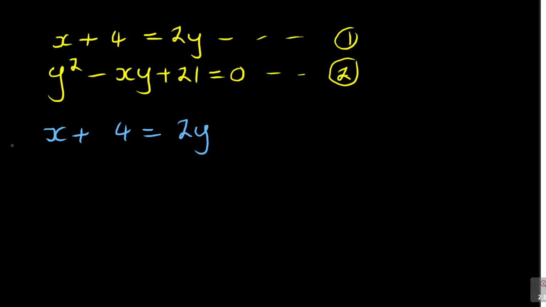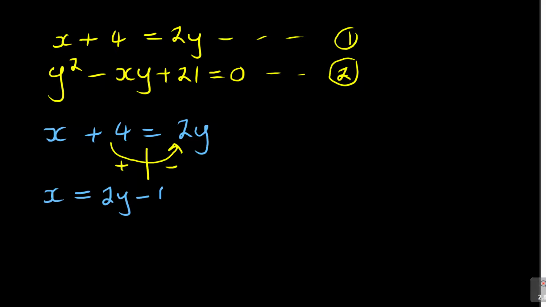Why? Look, this 4 is positive. Now if the 4 goes to the other side of the equal sign, it changes from positive, it jumps, becomes negative. So x will be equal to 2y, which is already on the other side, but is now minus 4.